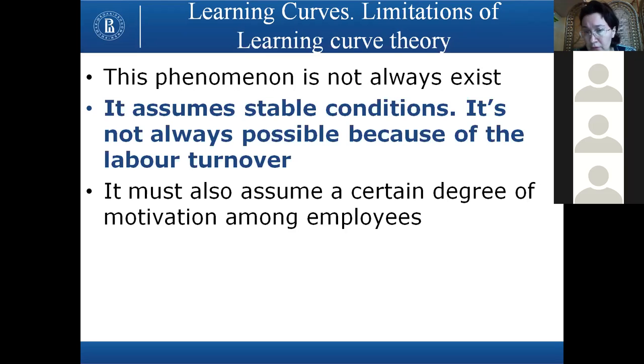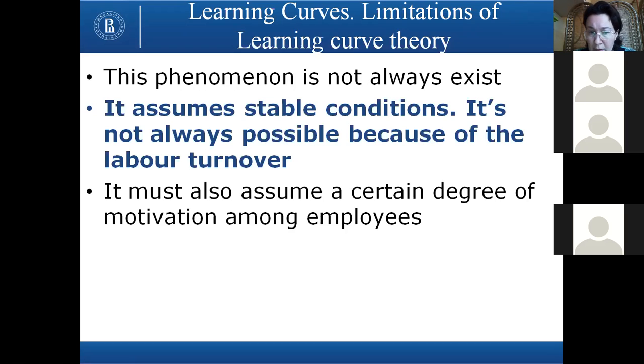because the learning idea assumes stable conditions. Of course, everyone understands that it's not possible, because we have labor turnover, and some other factors can be changed due to some external or internal environment.